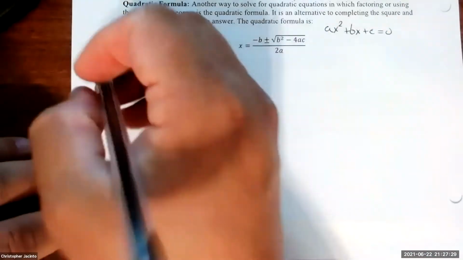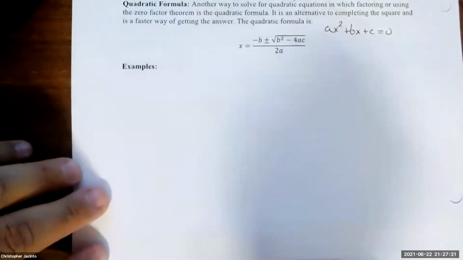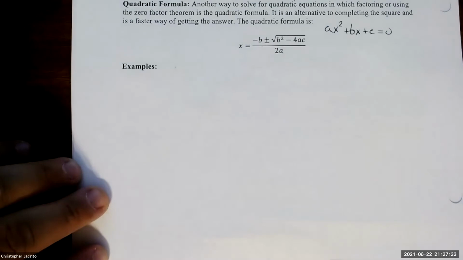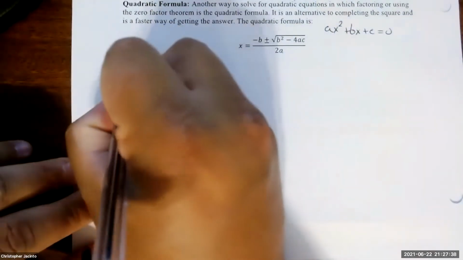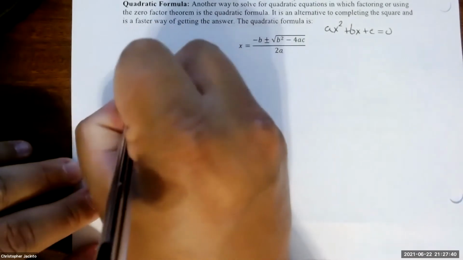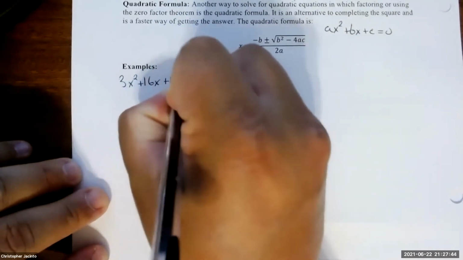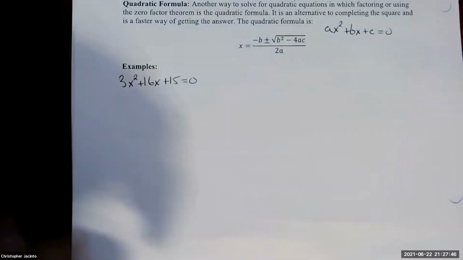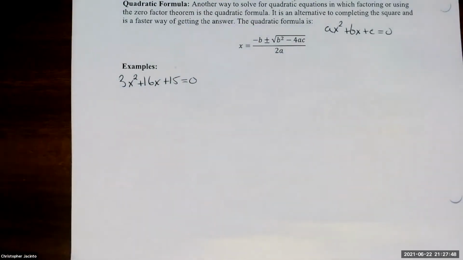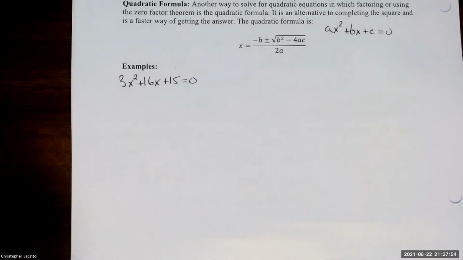So how would this work out? Let's suppose we want to solve for this. I'm pretty sure you don't want to complete the square, because completing the square is a complete pain, right?